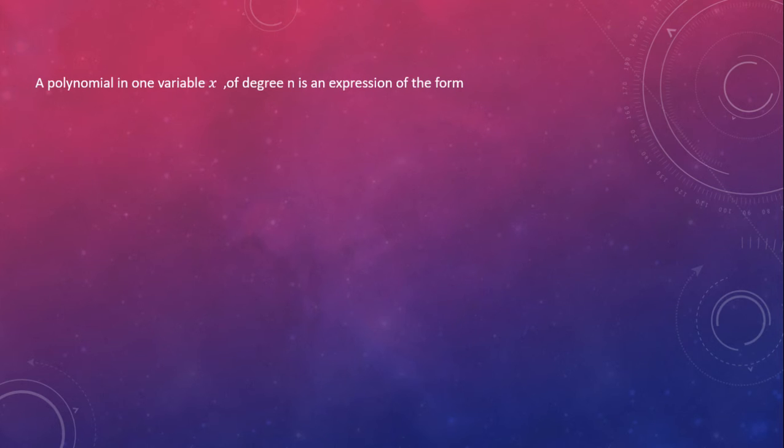Now that you have seen what a polynomial of degree 1, degree 2 or degree 3 looks like, can you write down a polynomial in one variable of degree n for any natural number n?